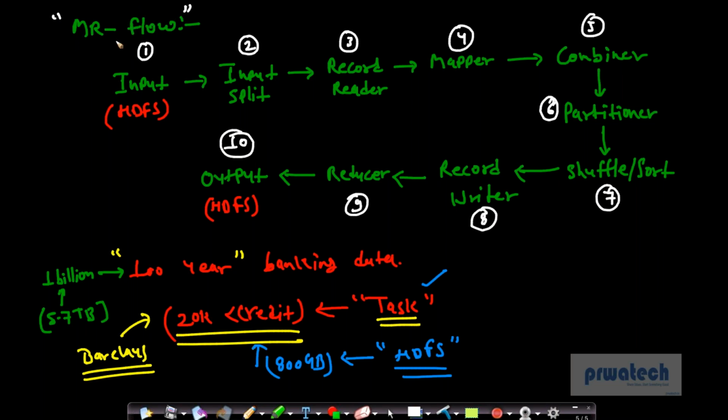Whenever MapReduce starts, this is the flow. And why are we saying MR is complex? Because every phase's output is the input for the next phase. This output is input for this, and this output is input for this.